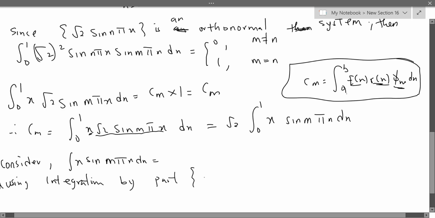What is the formula? The integral of u dv equals uv minus the integral of v du. This is the formula for integration by parts.